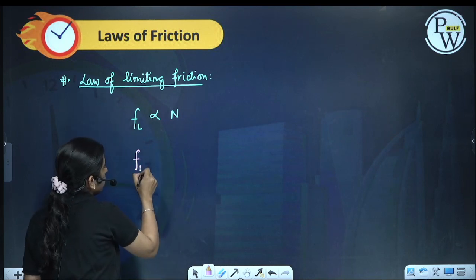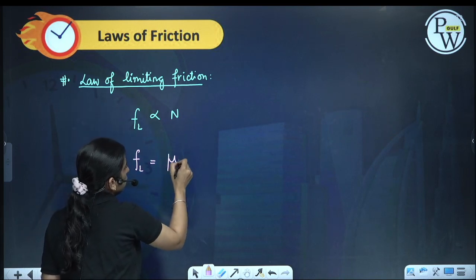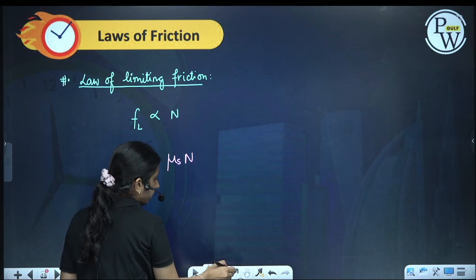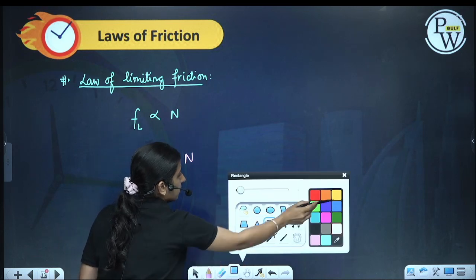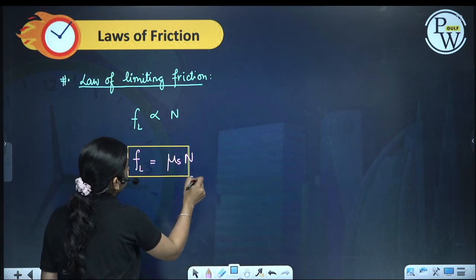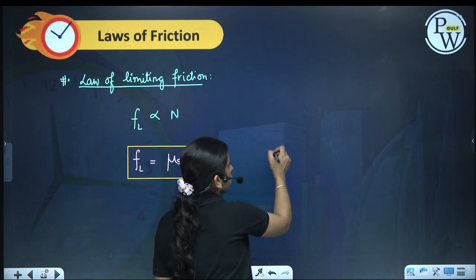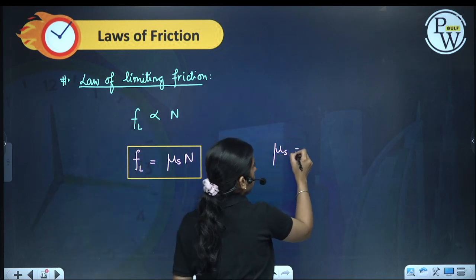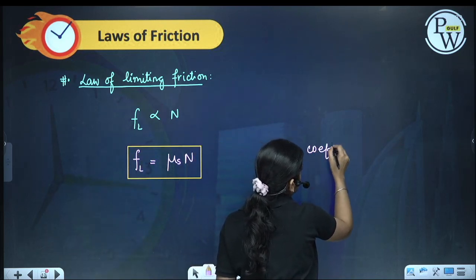So from here we will have FL is equal to mu S into N, where mu S is the proportionality constant called coefficient of static friction.